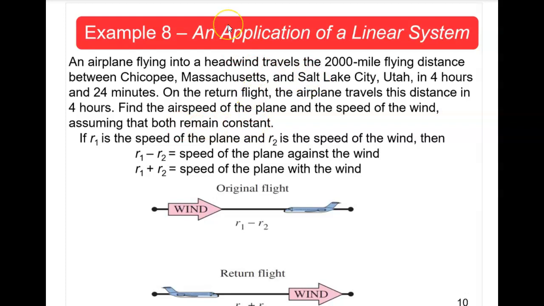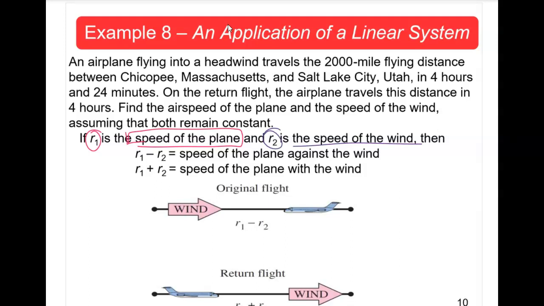So here are 2 unknown variables. One of them is r sub 1, and that is the speed of the plane. So we don't have x and y. We can have any other letter, and we can have the same letter with a different subscript. Then r sub 2 is the speed of the wind.